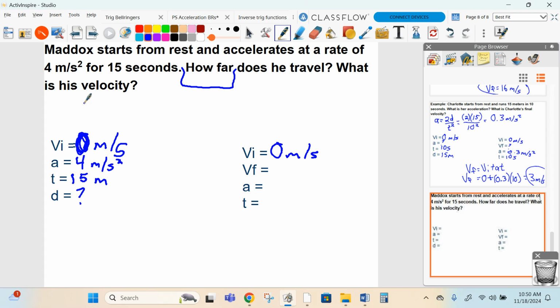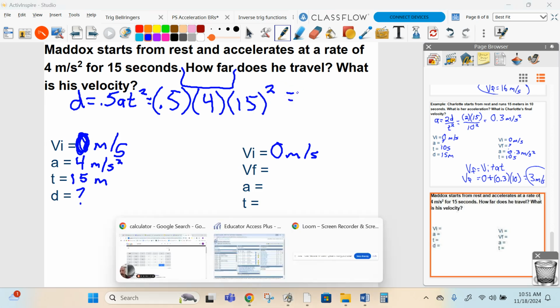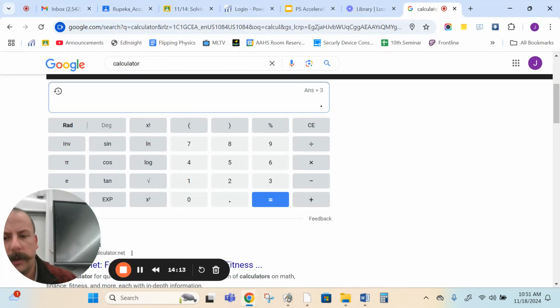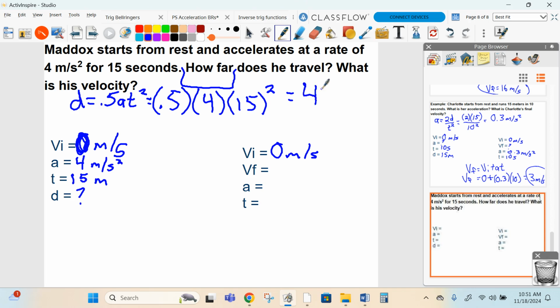When I'm solving for D equals 0.5 AT squared, that's 0.5 multiplied by the acceleration 4 multiplied by 15 squared. 0.5 times 4 times 15 squared equals 450 meters.